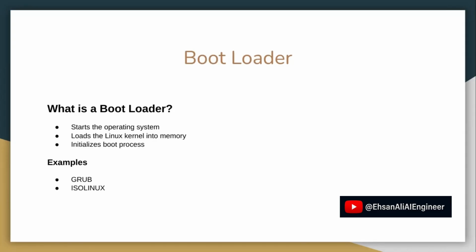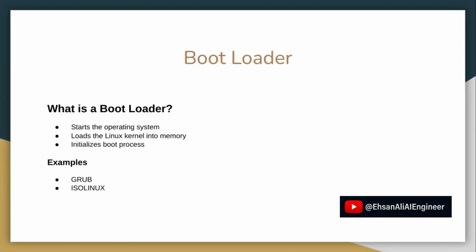When you press the power button on a computer, the firmware such as BIOS or UEFI first initiates the hardware and then hands control to the bootloader. The bootloader is responsible for locating the Linux kernel and loading it into memory. Once the kernel is loaded, control is transferred to the kernel and the operating system startup process begins.